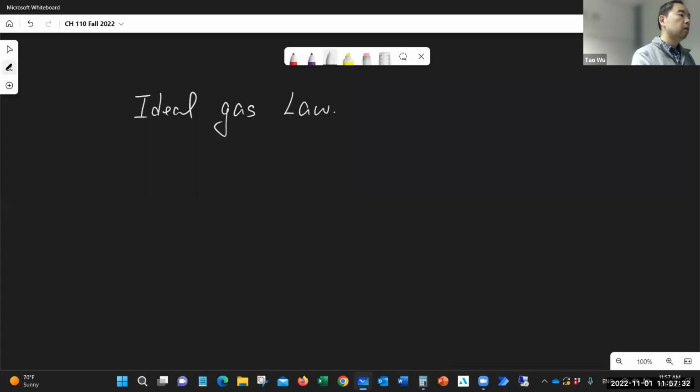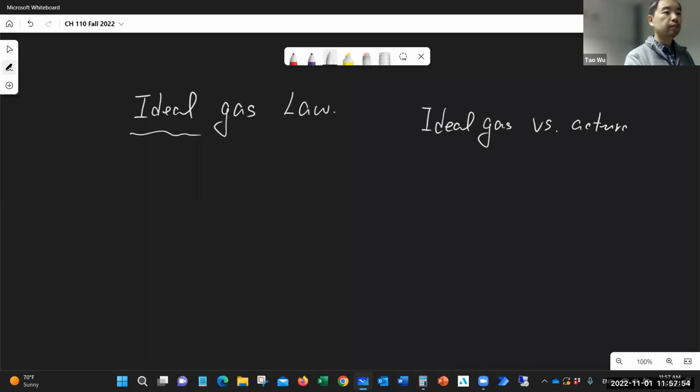Last time we talked about why this is called an ideal gas, and what the difference is between an ideal gas and an actual gas.